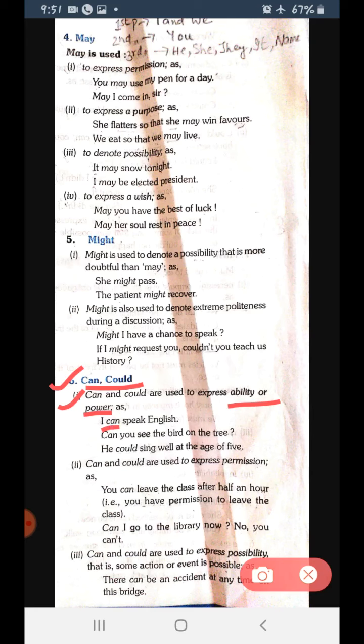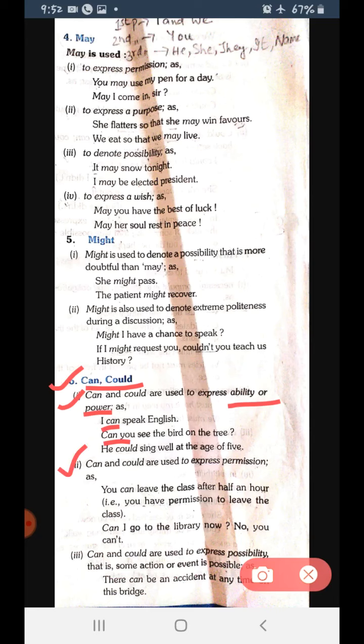Here can shows the ability. That means I have the ability to speak English. Example number 2, can you see the bird on the tree? That means do you have the power in your eyes to see the bird on the tree? Fine?